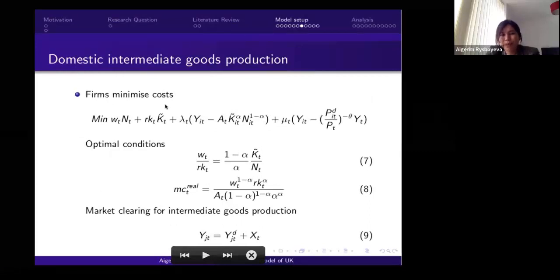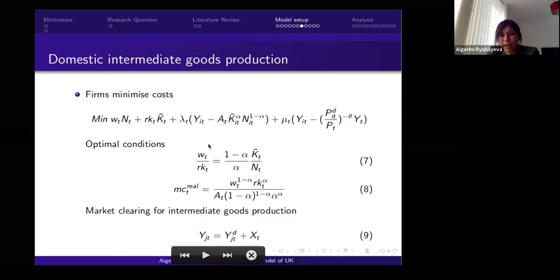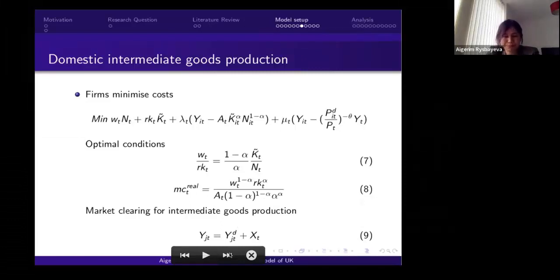Here we have the dynamics of domestic intermediate goods production. This is quite standard. They minimize the cost, which is paying the labor and paying the rental rates, subject to some production function. Then here we derive the marginal cost. These are quite standard equations.